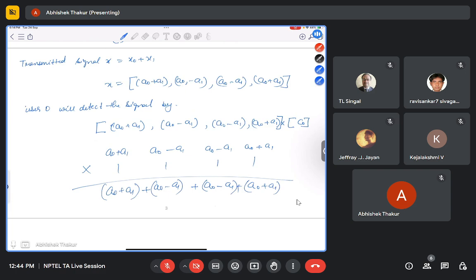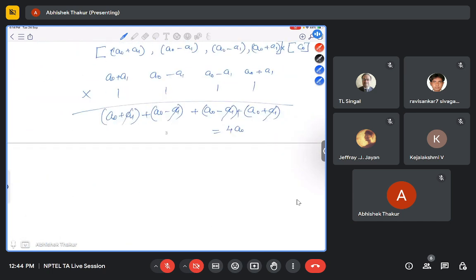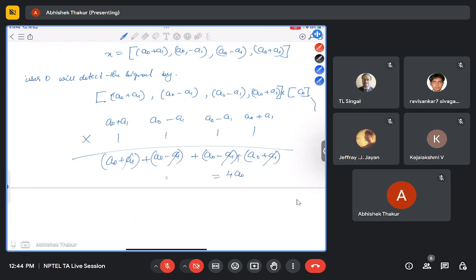The final value after adding all this, the a1 terms get cancelled. We'll get 4a naught. Actually this is the symbol that is denoted for the user 0. So user 0 recovered its symbol, that is a naught. It is just k times the symbol, where k is some constant.